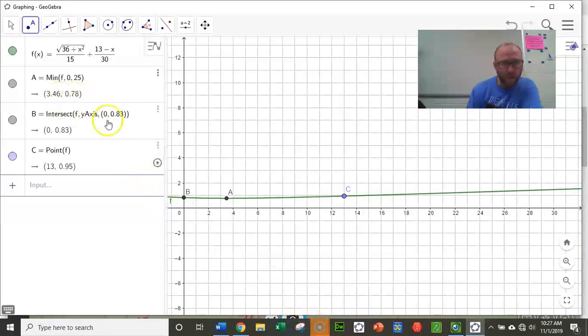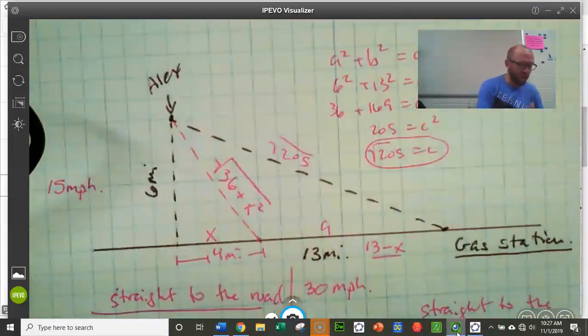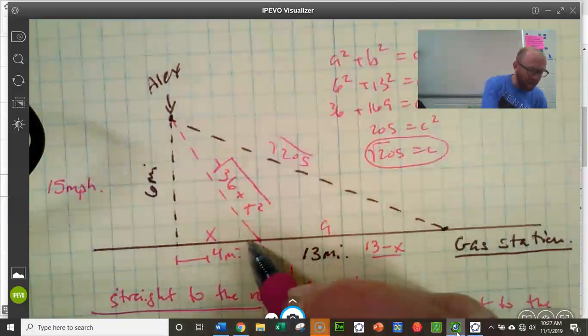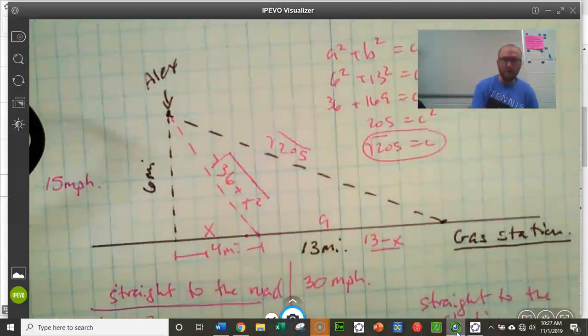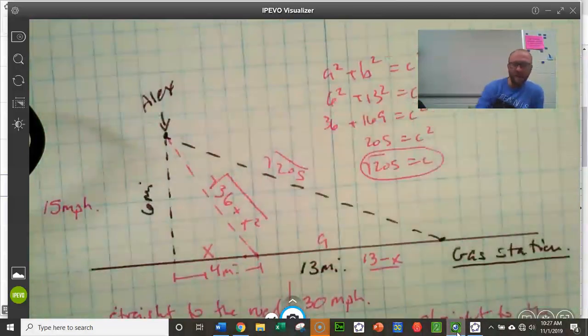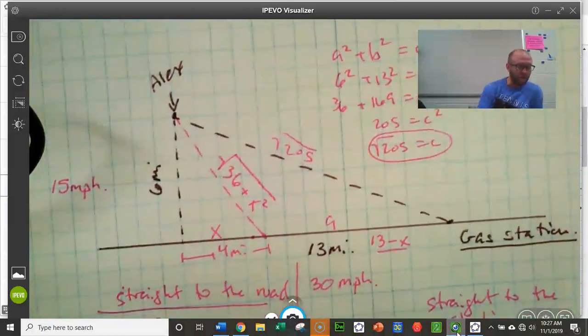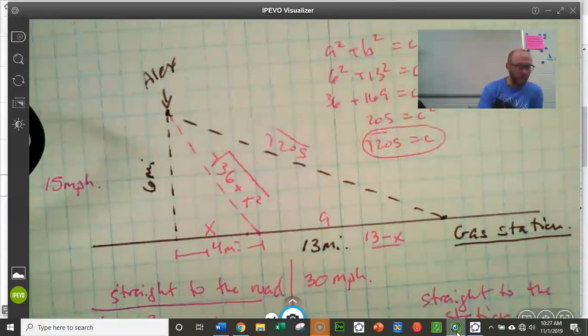And at that point, it takes 0.78 hours to get there, which means that if we drive to right around 3.5, a little bit off from our initial guess of 4, then turn onto the road and head down to the gas station, that'd be our minimum value. It's not something that I would expect any of us to do by hand. Rather, we'd go through a guess and check system, trying out different values of x and seeing what happens.